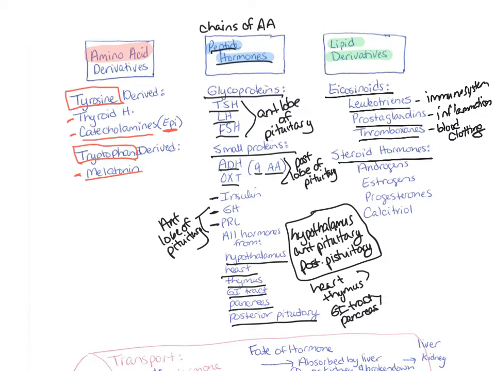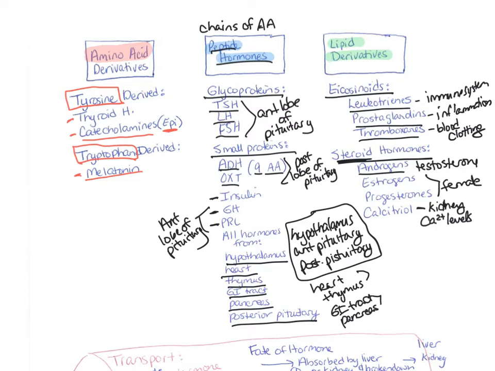As far as steroid hormones go, the lipid derivative hormones, because steroid is a lipid, we have androgens, that's testosterone. Estrogen and progesterones, those are female hormones. And then we have calcitriol. Calcitriol is from the kidney, and it helps with calcium levels.